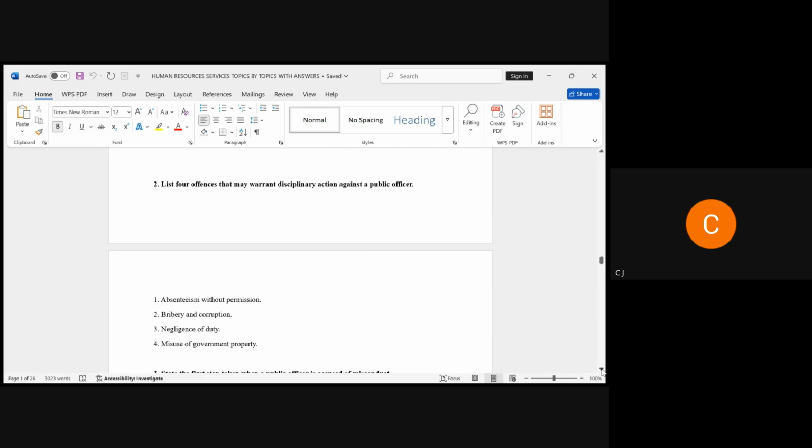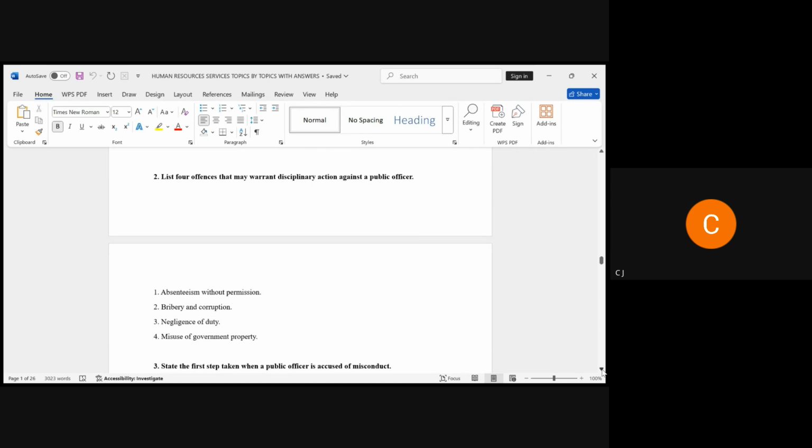We have sexual harassment, also under it, as some of you had mentioned. We also have lateness, not being punctual. It's also an offense. Mismanagement of public funds is also an offense.